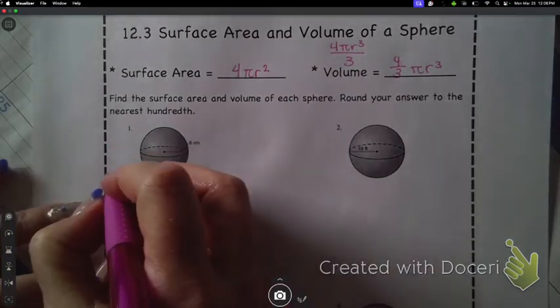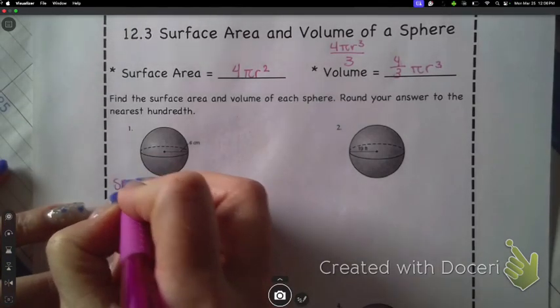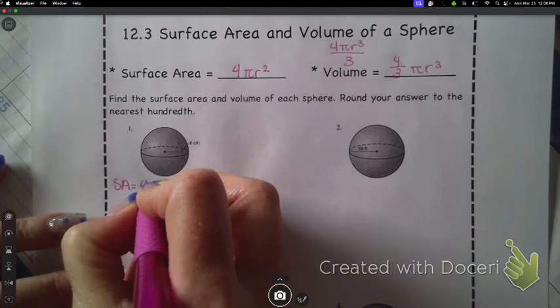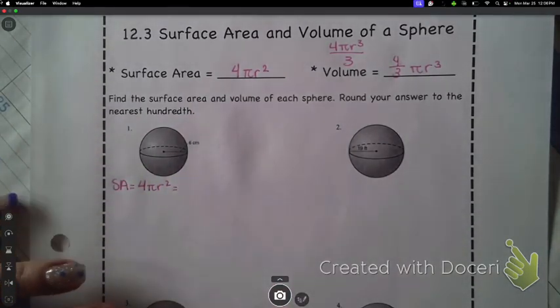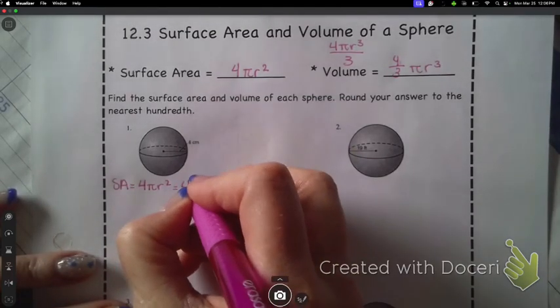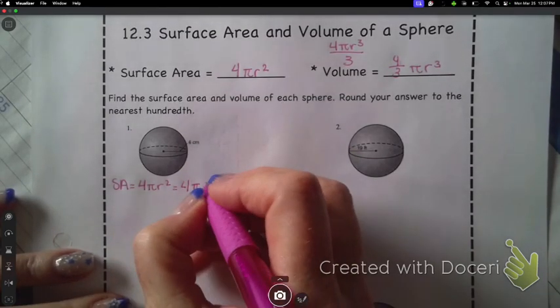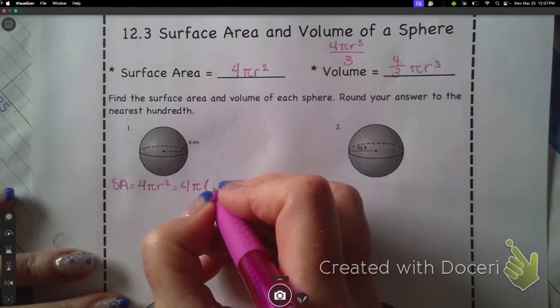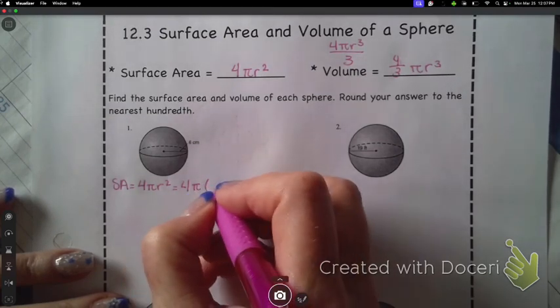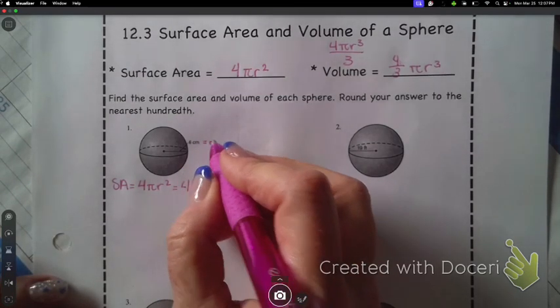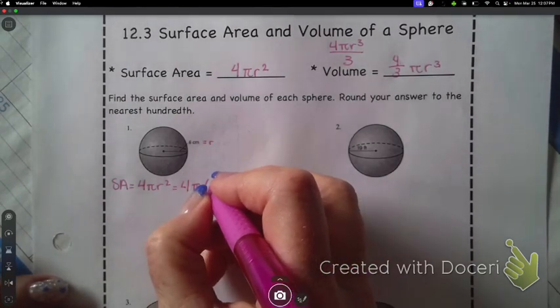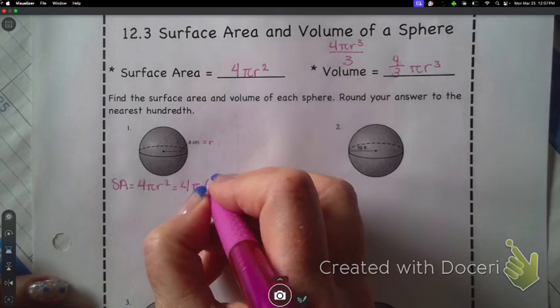So, surface area is 4 pi r squared. Write it every single time so you remember it. So, 4 pi times what? 4 pi times, what's r? 6. So what's r squared? 36.